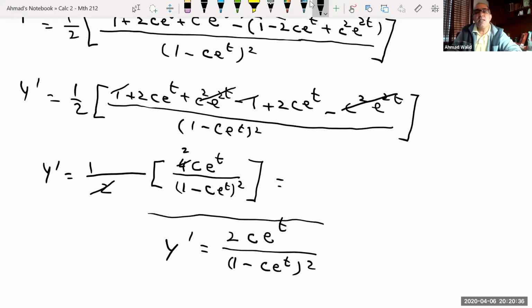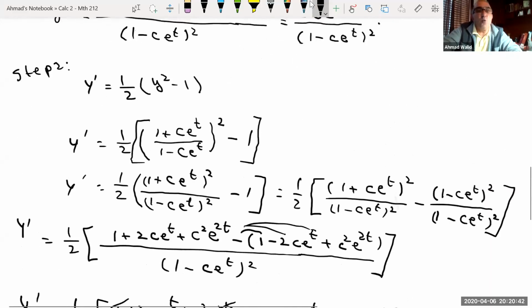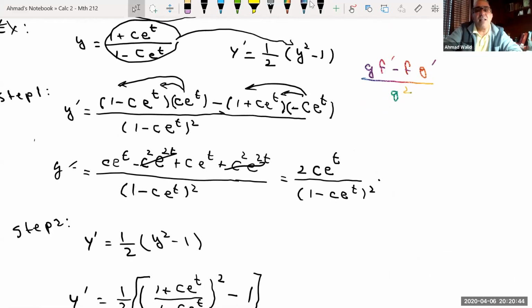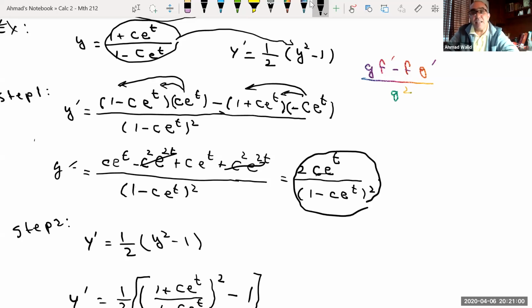What do you see here? The derivative of the given function is equal to the derivative that you found at the beginning here, you see? They are the same. When you found the derivative of y, and when you plug y here and you found the derivative and you simplify it, they are the same.